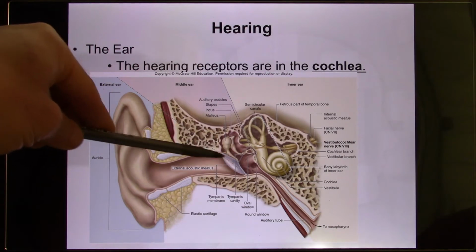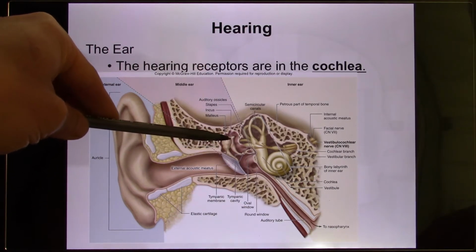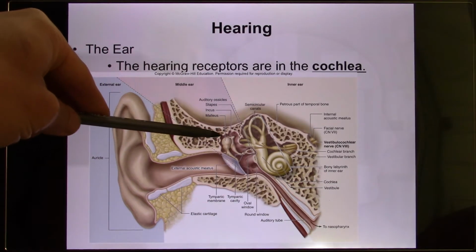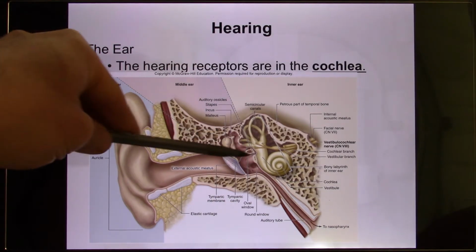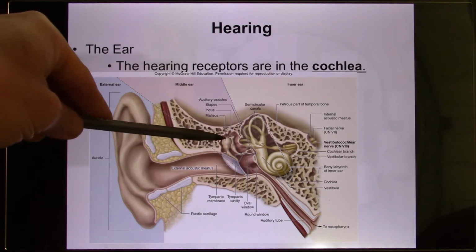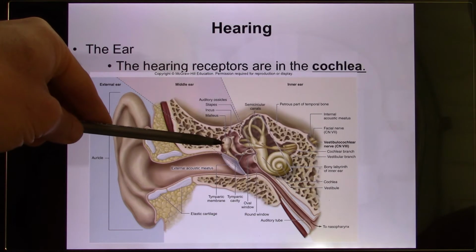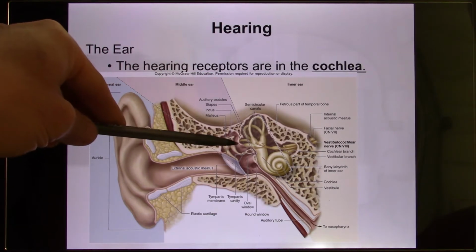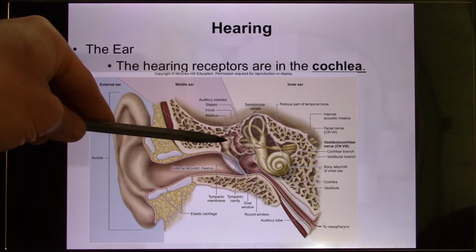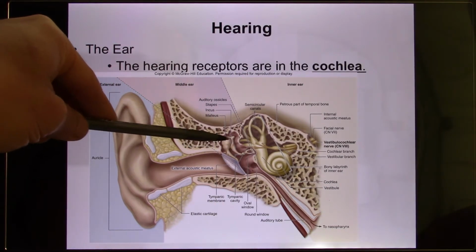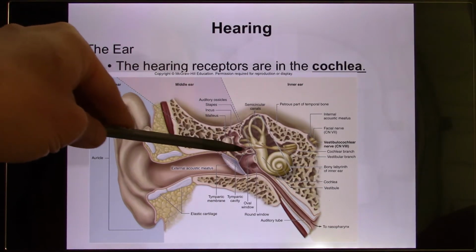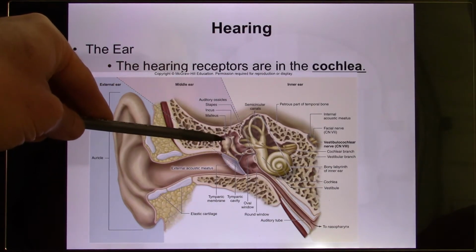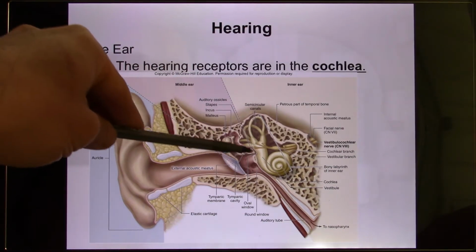The tympanic membrane connects with three ossicles: the malleus, incus, and stapes. These three ossicles are the smallest bones you can find in your body. Each one is smaller than 0.5 centimeter. They are connected together like hinge joints, like your arm and your hand.